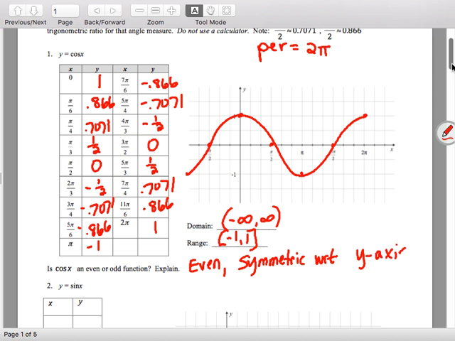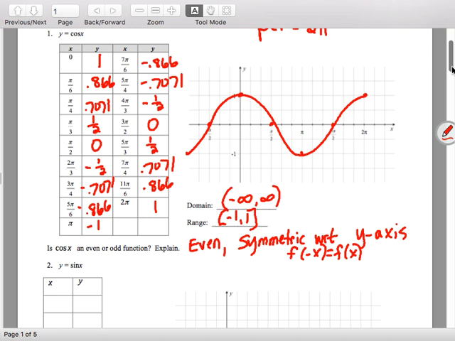And if you ever get mixed up, think about an even function, y equals x squared. That is symmetric with respect to the y-axis, so that's how you know. The other thing we know about even is f of negative x equals f of x. So it's good just to review this.